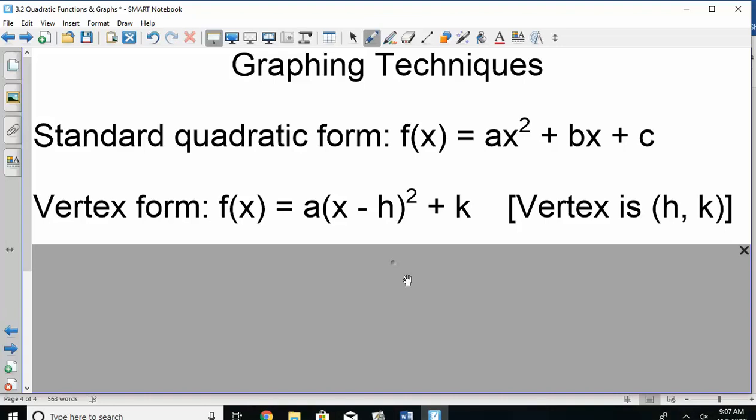So when we graph these, we were able to use our transformations. The nice thing about this form is if it's written like this, you automatically know the vertex just by looking at it. It's going to be that h, k ordered pair.